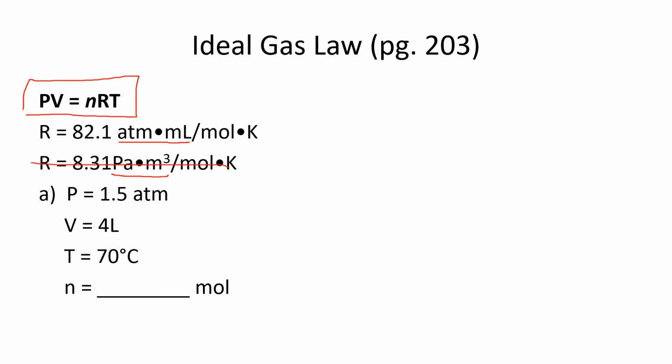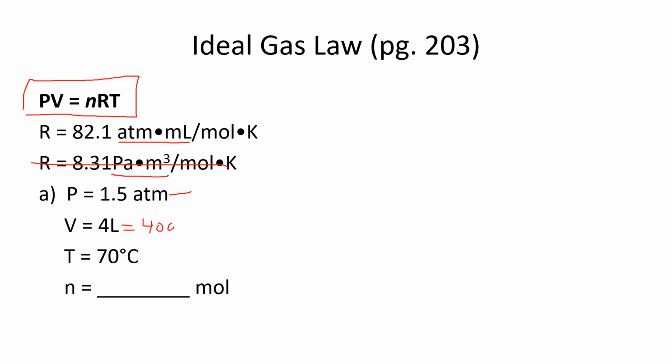I don't like this one. Easier for me is liters and atmospheres. Meters cubed, what the heck is a meter cubed? It's going to make you do conversion. So let's use this guy. So all we have to do is convert into similar units. We have to be in atmospheres, we're good there. Do we want to be in liters?